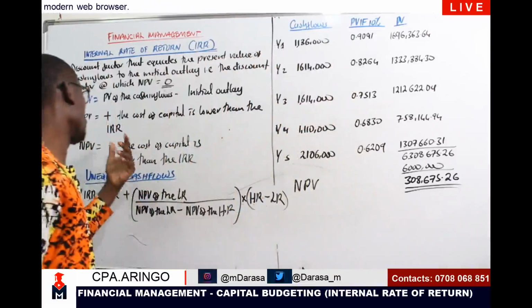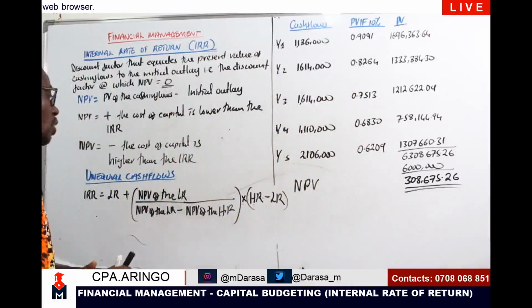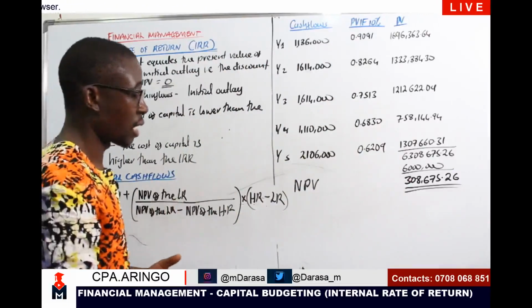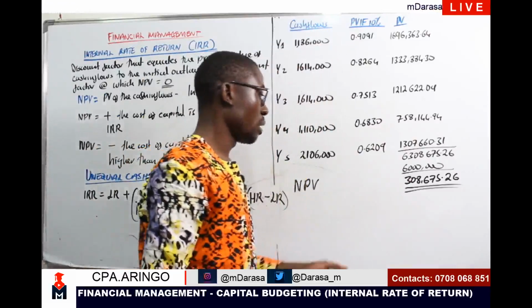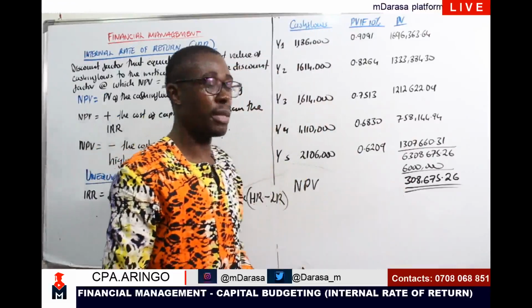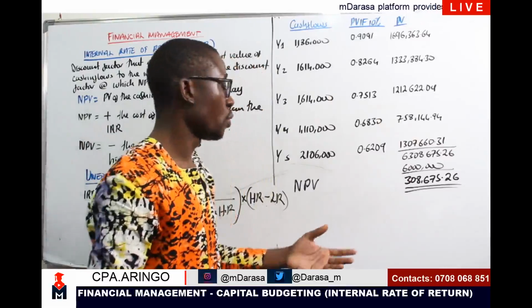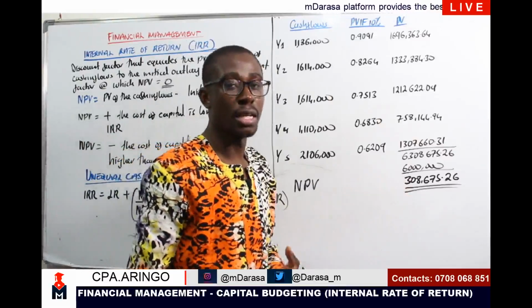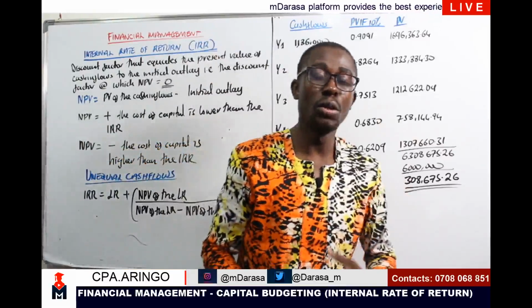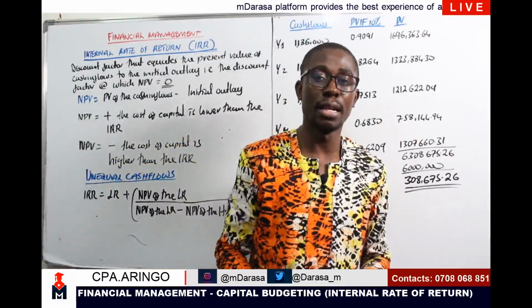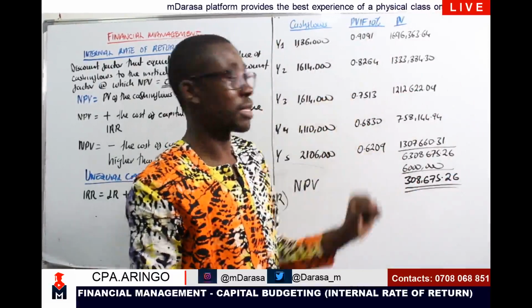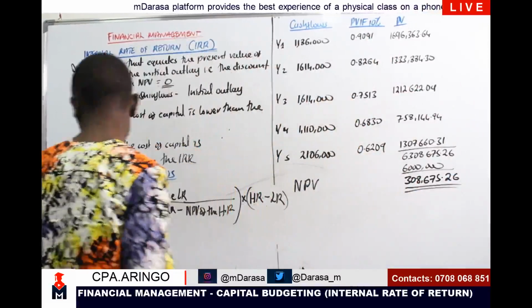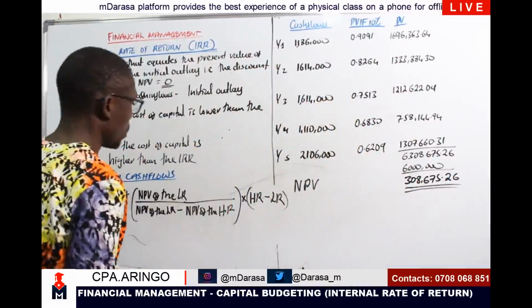And if it was negative, we could have done the opposite. We could have selected a cost of capital which is lower than the original cost of capital. Because at this point we had determined a positive NPV, therefore we need to come up with a discount rate which is higher than the original cost of capital, which was 10%. So in this case, I just select randomly because it is through trial and error.